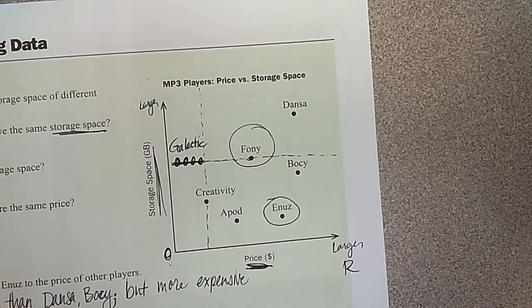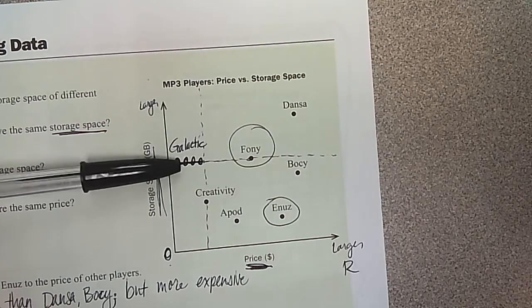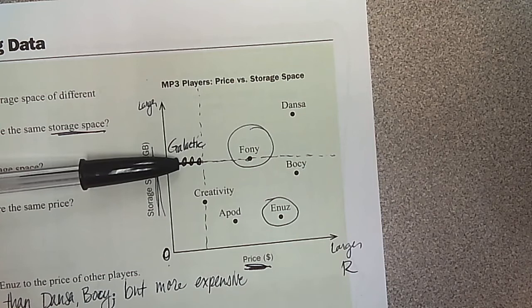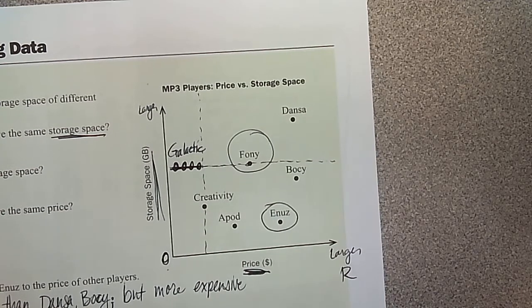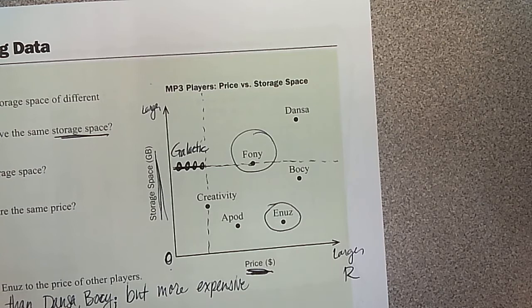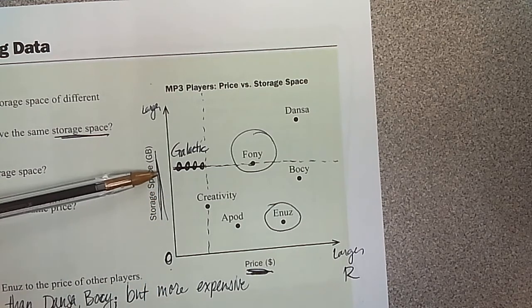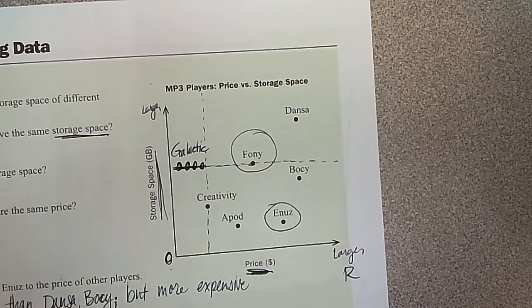Oh, don't forget Galactic. I forgot that one. So on my price, G should be at the front. So on number 2, your list should start with G. And then on storage space, G should tie with Phony.